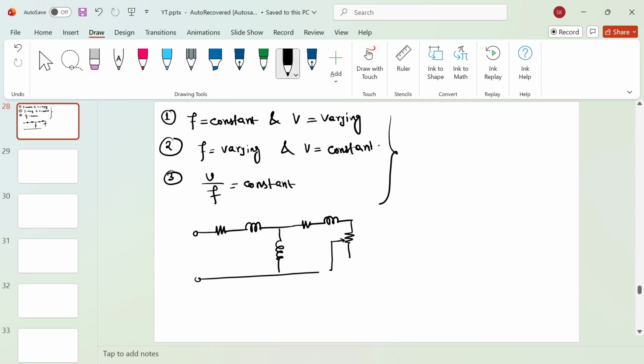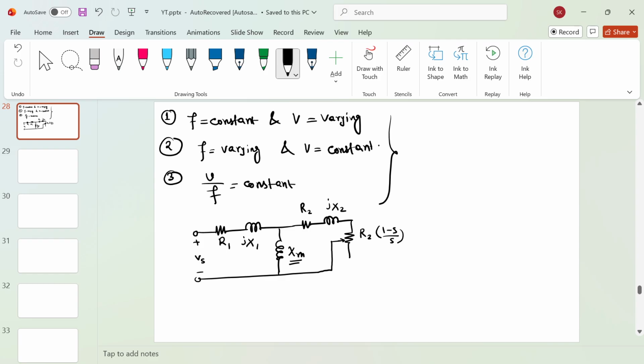In case of induction motor, you cannot actually neglect this Xm, because induction motor at no load draws around 30 to 40% of full load current. So you cannot neglect the Xm. Here you have R2, here you have jX2, and R2 (1 minus S) by S. So this is the per phase equivalent circuit diagram of induction motor.